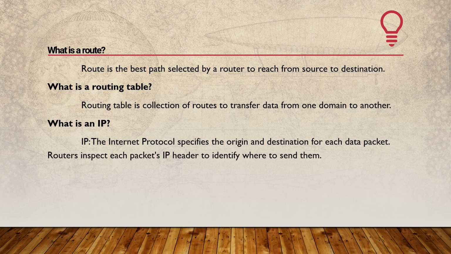It will be in the header. The router will inspect the packet header and send the packet based on the route. Each and every piece of data will have an IP header. In the IP header, there will be a source IP and destination IP, and by seeing the IP header, routers will find the way to send this particular packet.